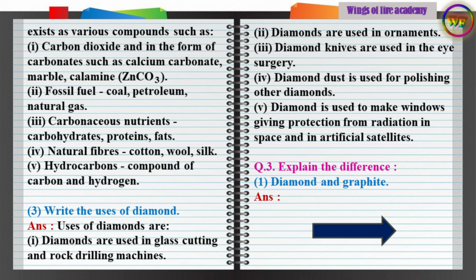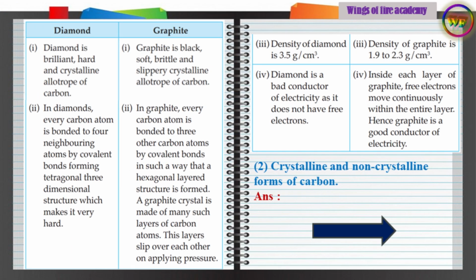Question 3. Explain the difference. 1. Diamond and graphite. Answer is given directly. 2.